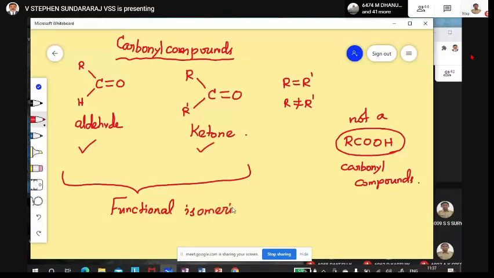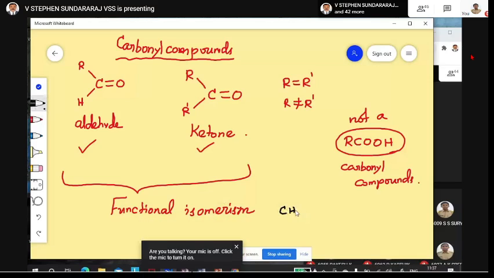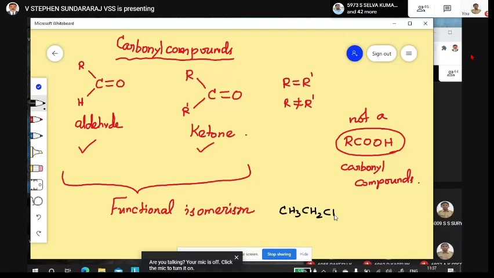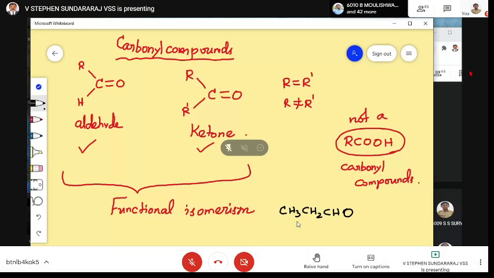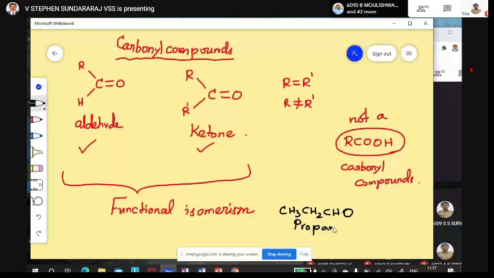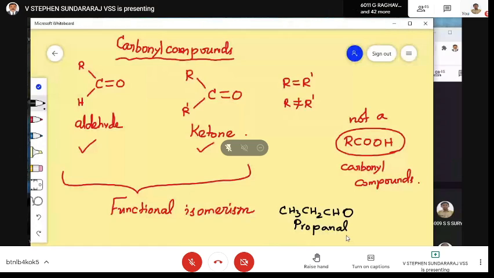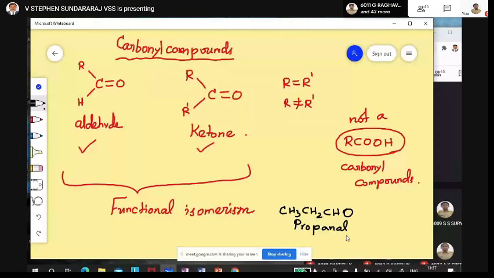One example: CH3CH2CHO, this is an aldehyde. The IUPAC name is propanal. Then another one is CH3COCH3. The common name is acetone, and the IUPAC name is propanone.